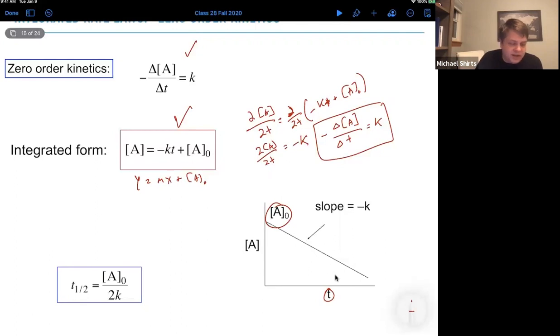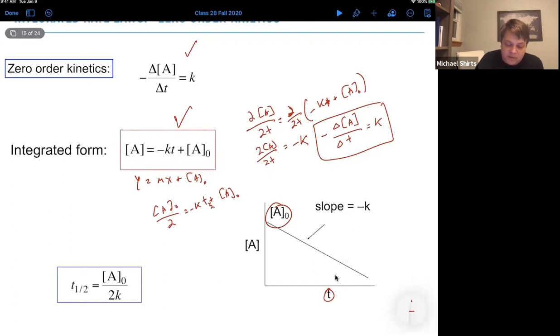Half-life, let's plug in and solve for the half-life. Again, the half-life is where the concentration is A0 over 2, so A0 over 2 equals minus k t1/2 plus A0.